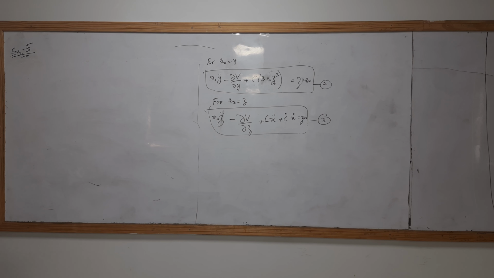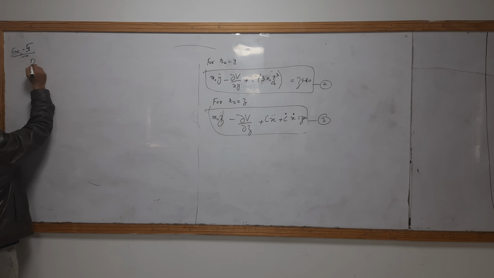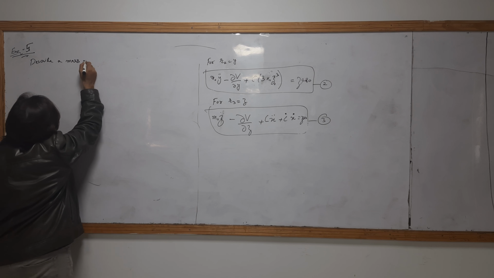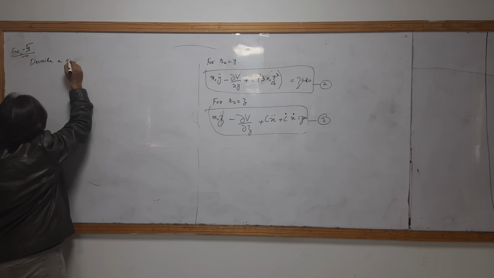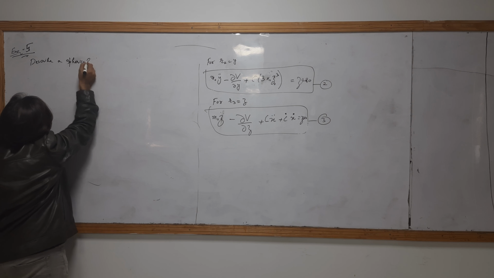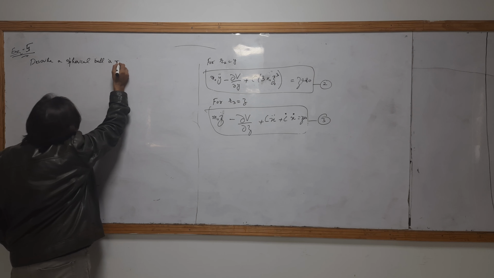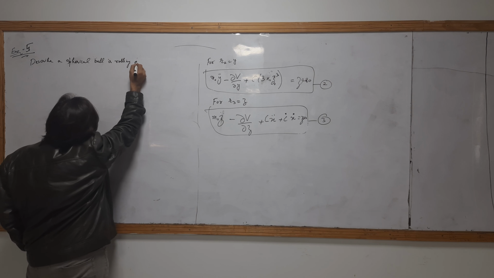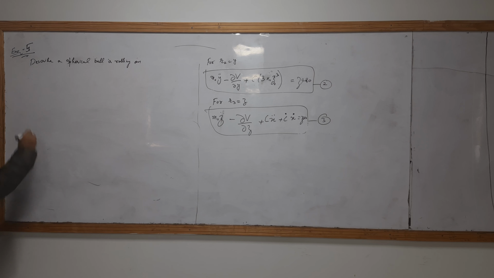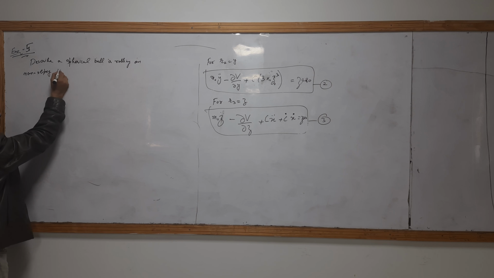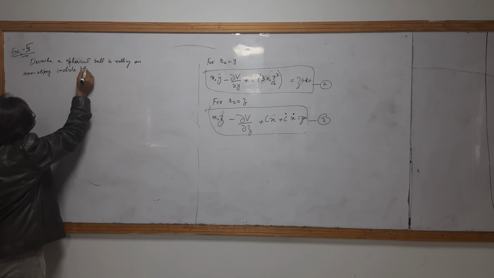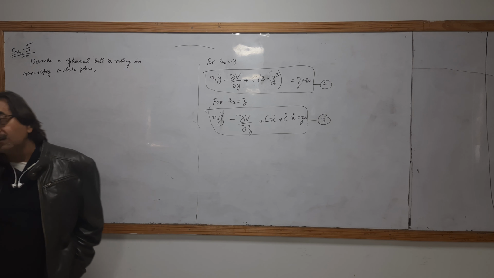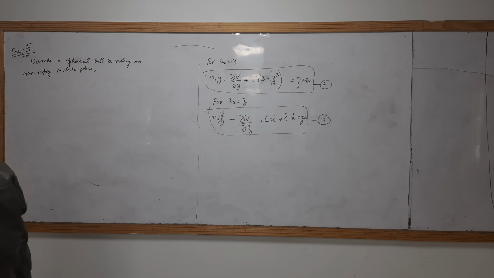The next exercise is: describe a system where a spherical mass, a spherical ball, is rolling on a non-slippery inclined plane.